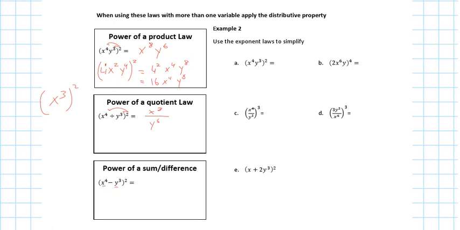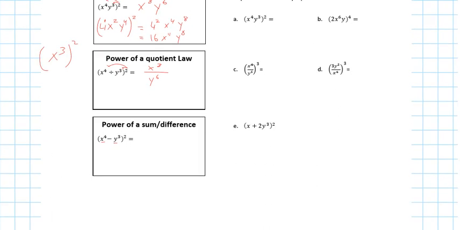Whenever you have a subtraction or an addition between the terms, you cannot just distribute like this. You can't just do what we were doing for the product and the quotient. We have to write this twice, as we learned in previous units, and we have to FOIL. We can't just simply put the square in.